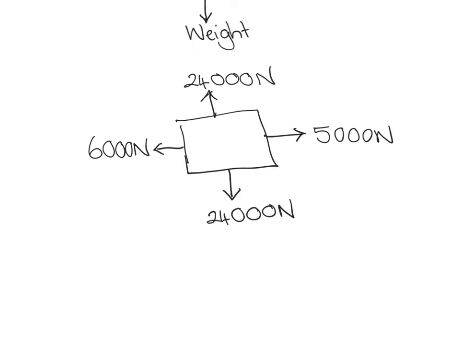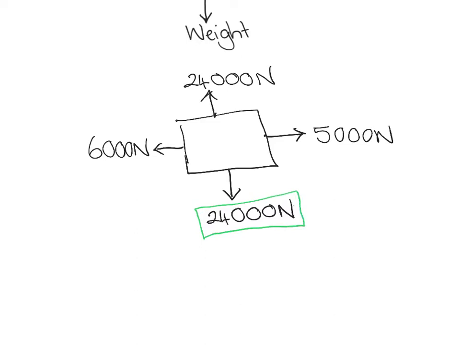So here we have the same box but with some numbers applied. This is actually the first example of question 2 on page 36. What you need to do is look at the opposites. So we've got the weight force here of 24,000 newtons.